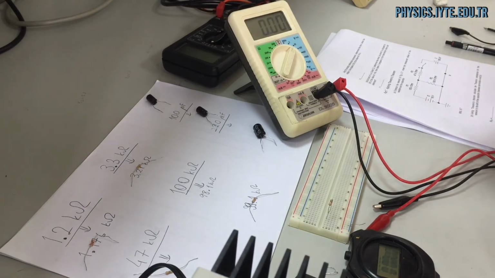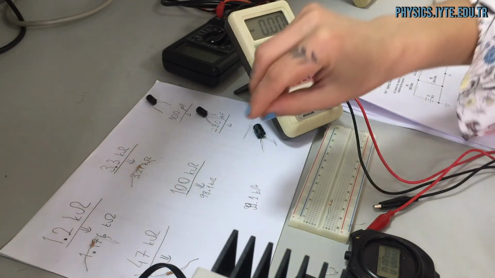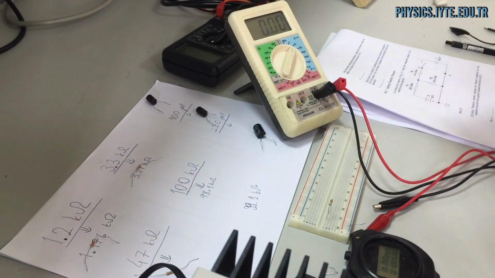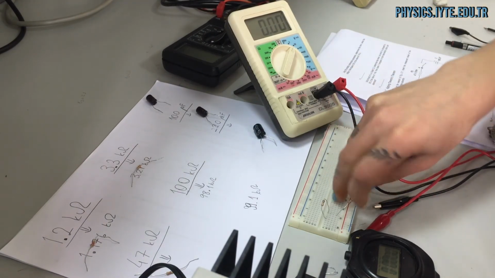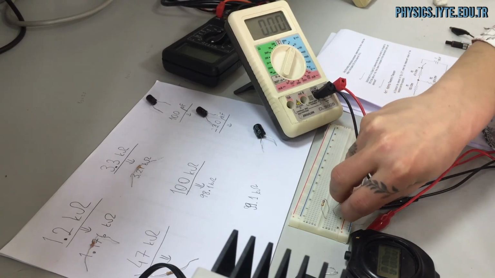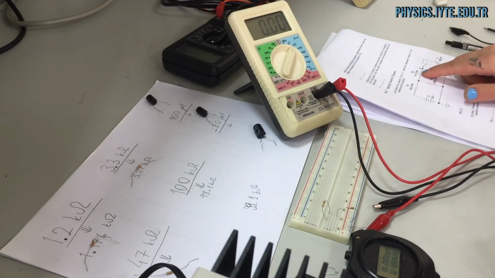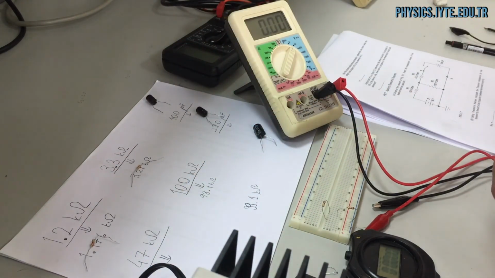And a second 100 kilo ohm resistor, which has 99.1 kilo ohm, will be connected. Then a 47 kilo ohm resistor.